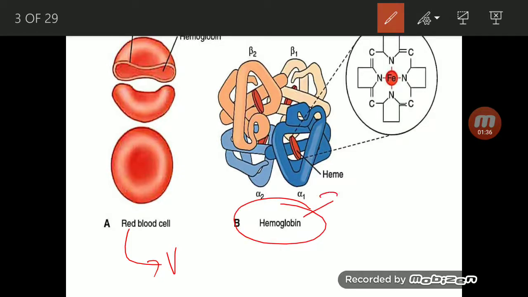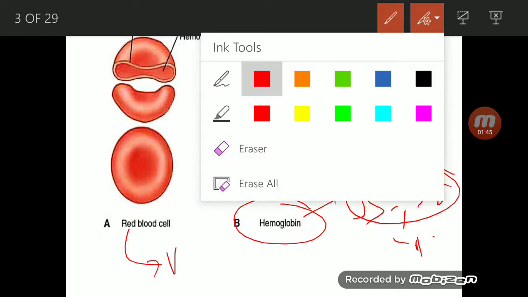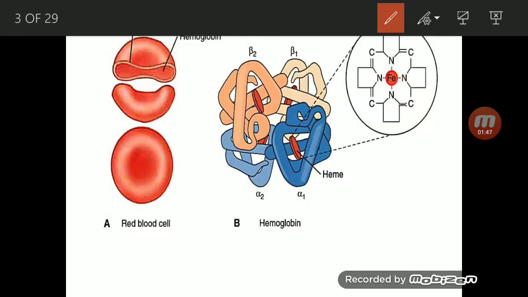Hemoglobin is a part of your blood to which 95 to 98% of your oxygen goes and binds. Hemoglobin contains a pair of alpha globin chains and a pair of beta globin chains. So there is alpha 1 and alpha 2, which is a pair of alpha globin chains, and there is beta 1 and beta 2, which is a pair of beta globin chains.